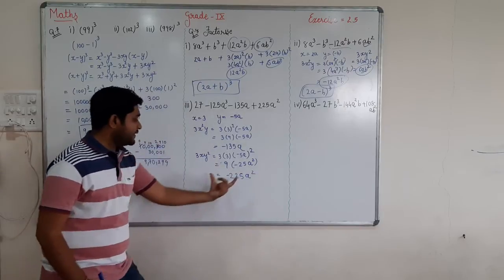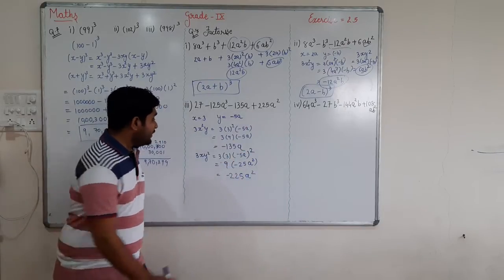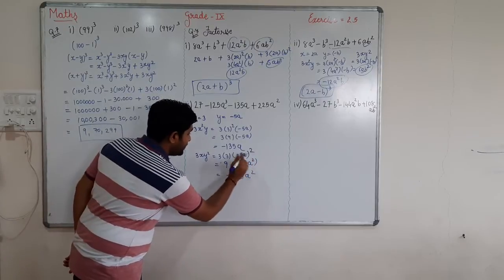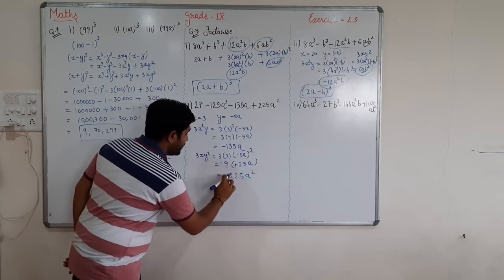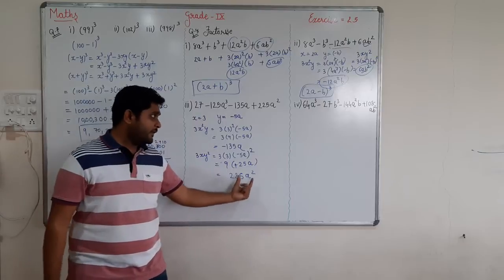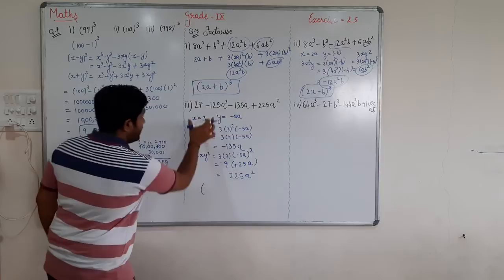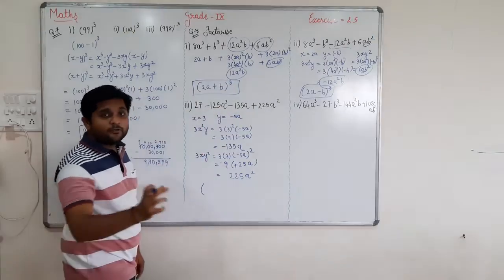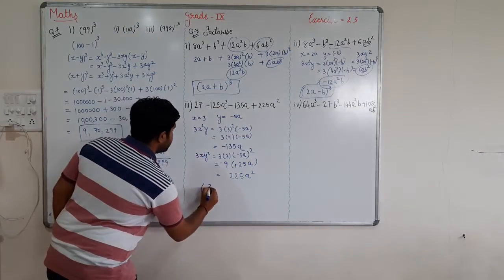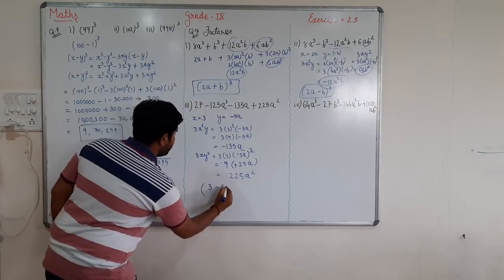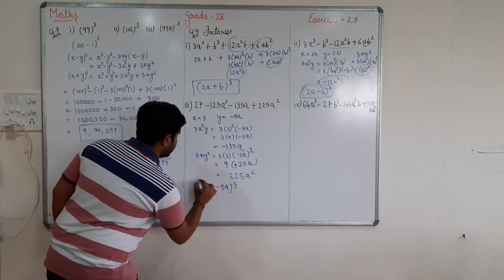Here square is there, so this minus becomes plus. So the answer will be 225a square. So we can say that this one is the expanded form of 3 minus 5a all raised to power 3.